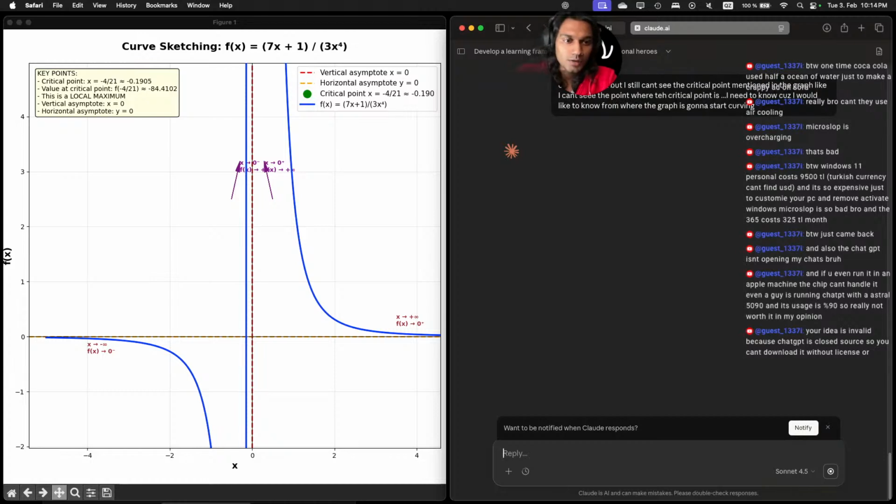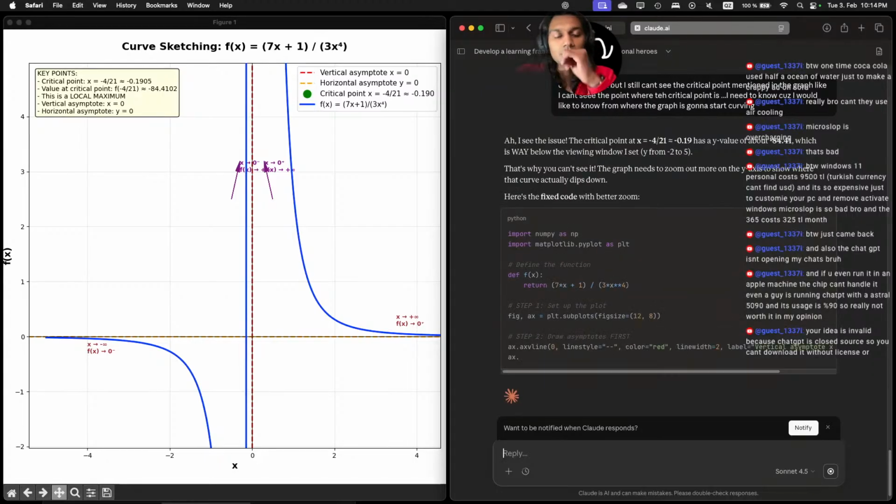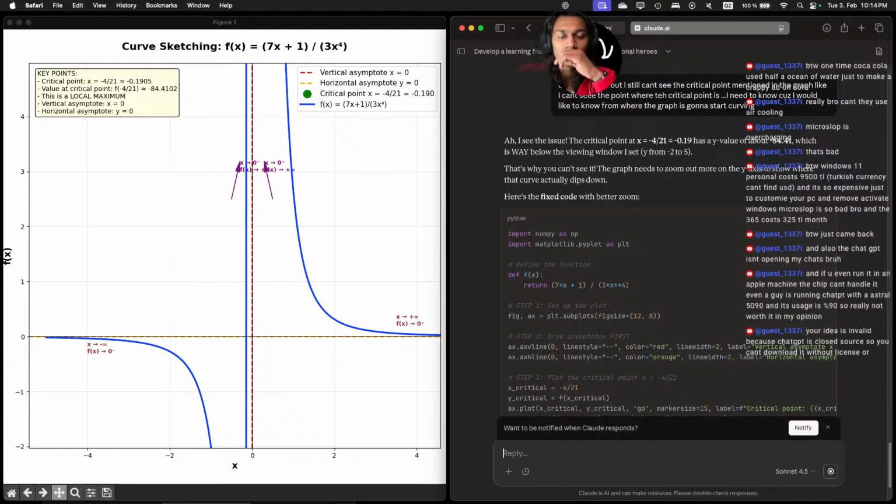By the way, one time Coca-Cola used half an ocean of water just to make a crappy ad on Sora. Oh yeah, I do remember the Coke ad. That was stupid.